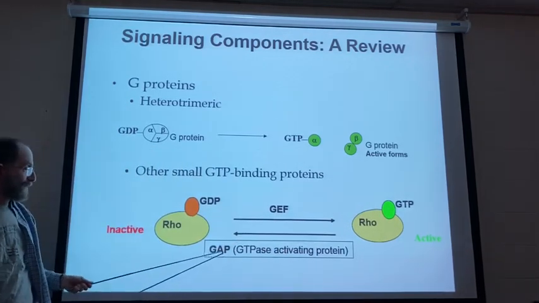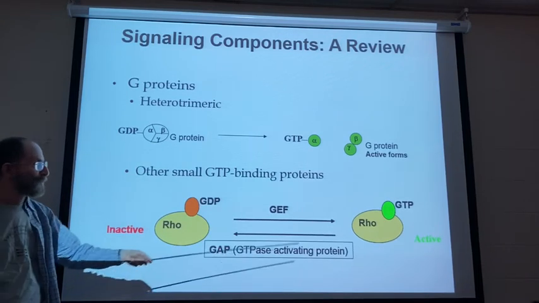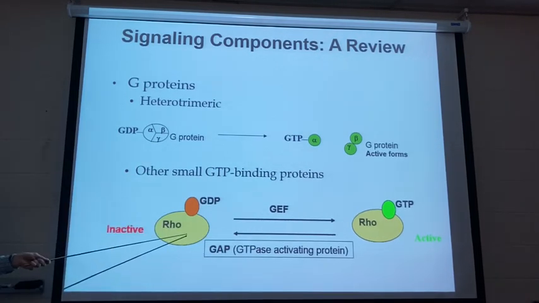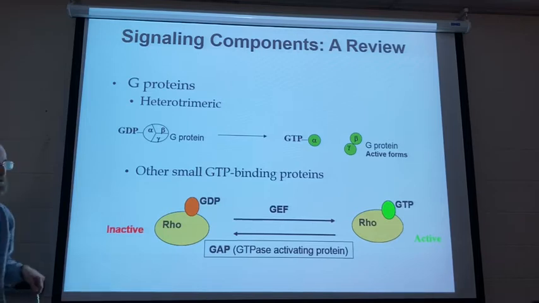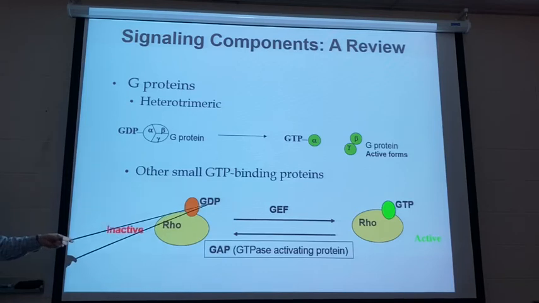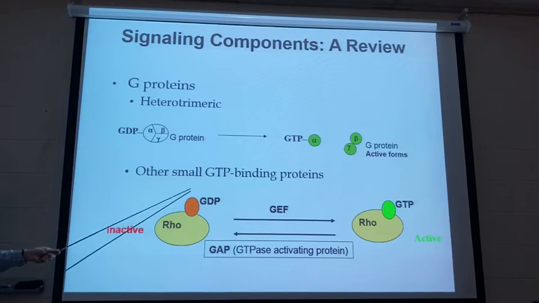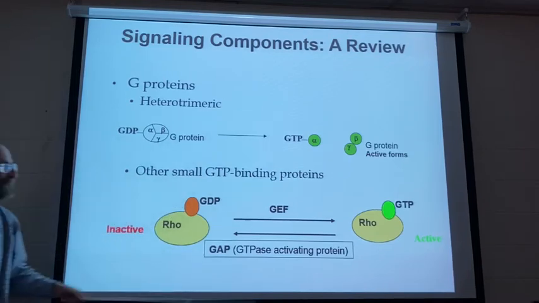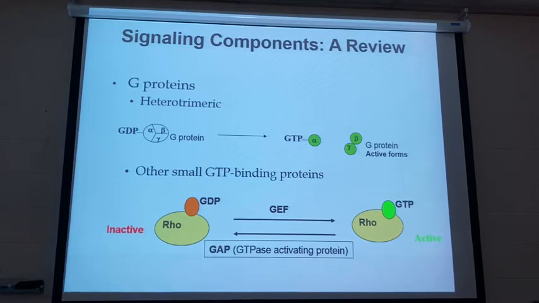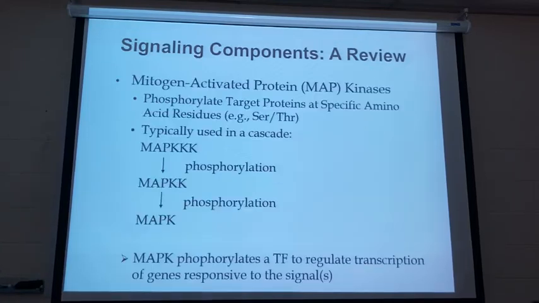And there's also proteins, these GTPase activating proteins, that can make the switch back this way. One thing that people often get confused about is this is not simply a matter of phosphorylating the GDP. What the exchange factor does is it physically removes the GDP and replaces it with a GTP to activate the protein. Okay, so that's G proteins. Any question about G proteins, just the overview.